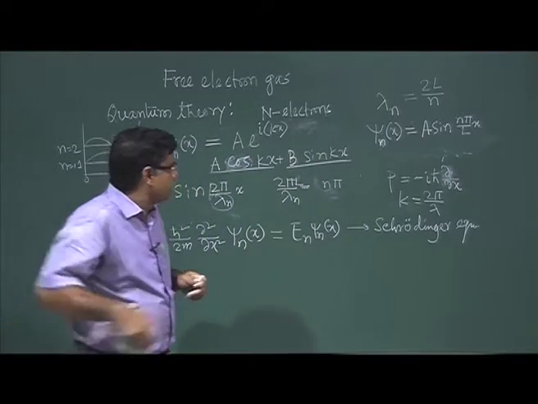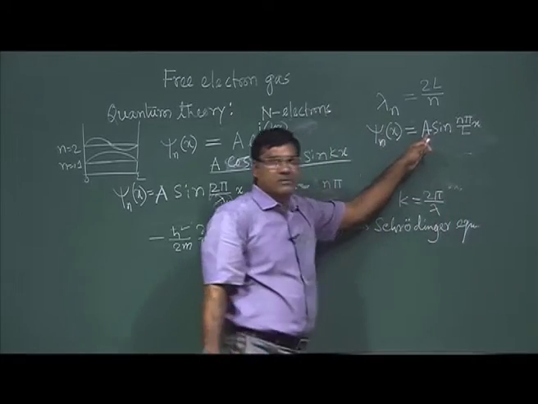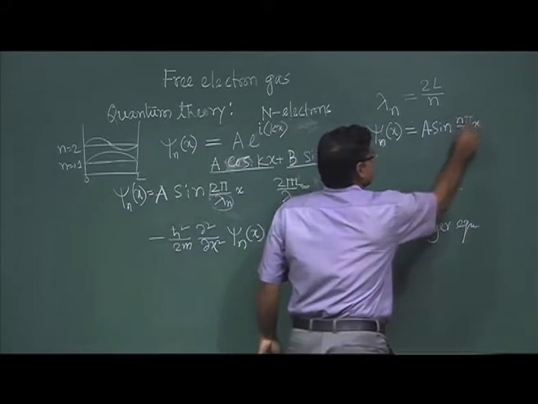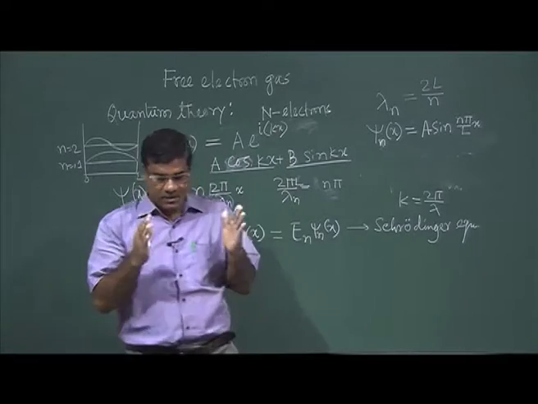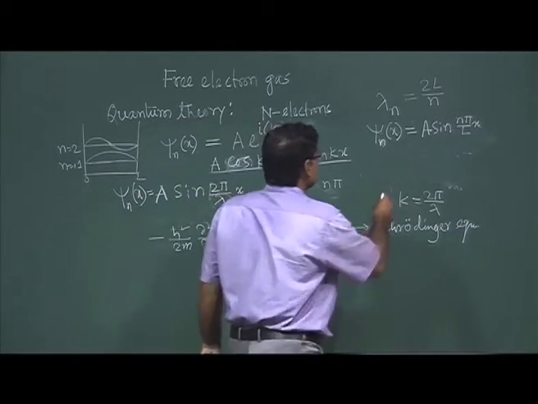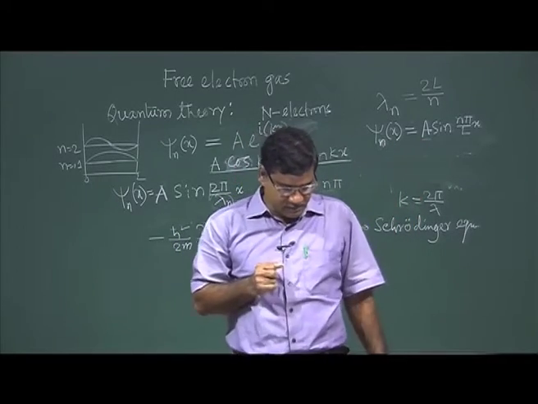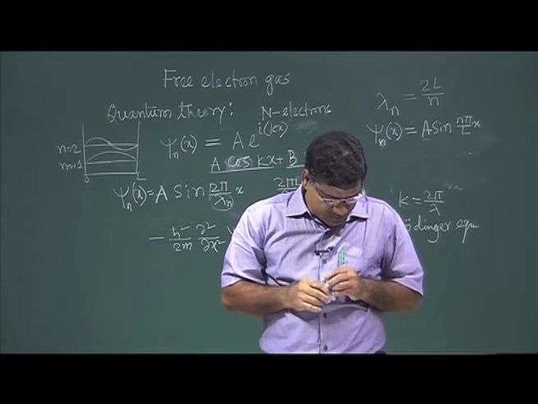Now here, still that A is unknown to us. The other side is known, it is in terms of L, the dimension of our system is known to us. Now, A still is unknown to us, so that one has to find out.